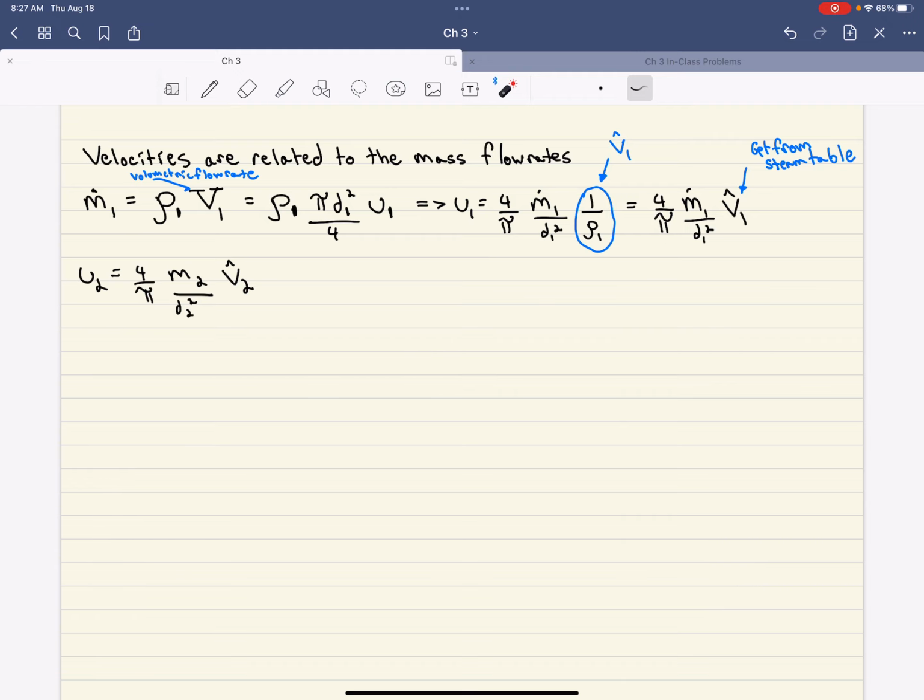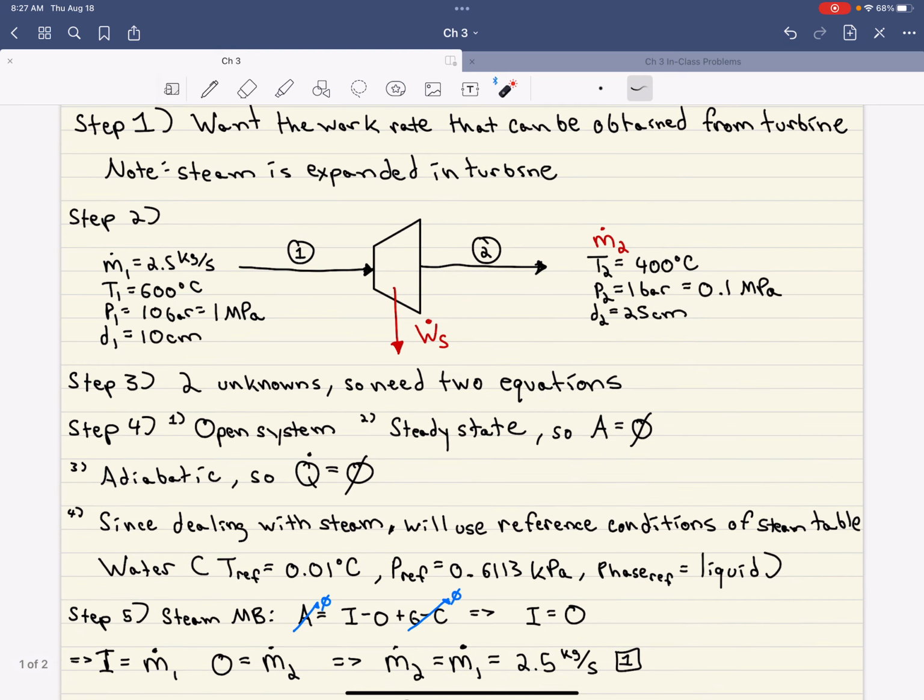Okay? So just as a reminder, for the steam at the inlet, it's at 1 megapascal and 600 degrees Celsius. And the outlet, it's at 0.1 megapascals and 400 degrees Celsius. We're not explicitly told if we have superheated or saturated steam.